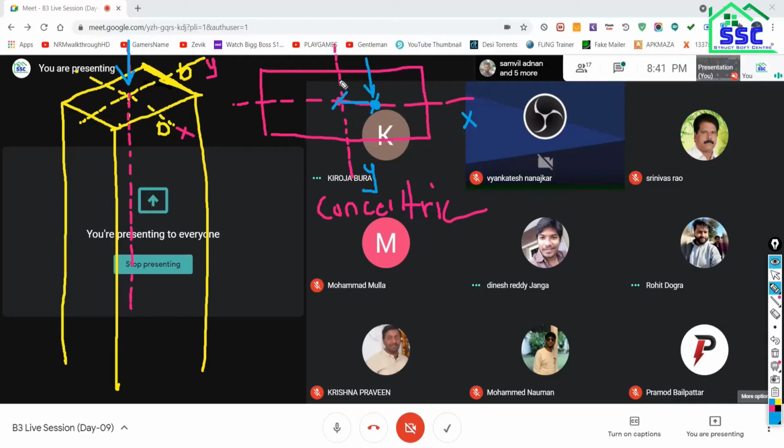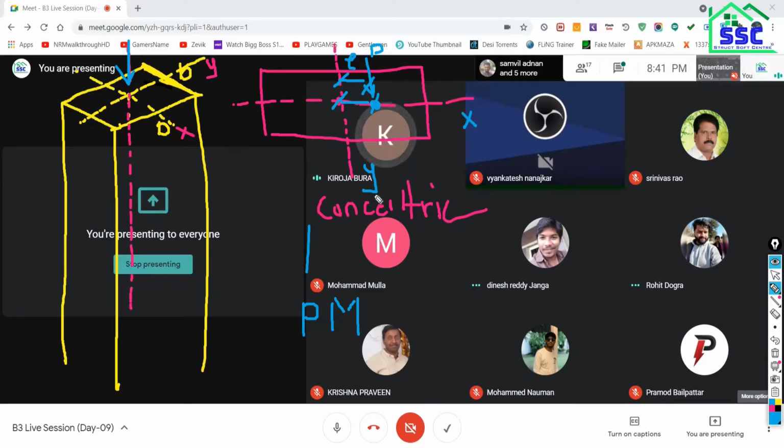Some eccentricity is going to generate, and axial force is there, plus due to this axial force and this eccentricity a moment is going to generate. So this column we call a uniaxial column. Is that clear to all?